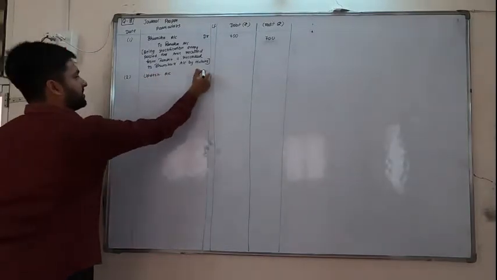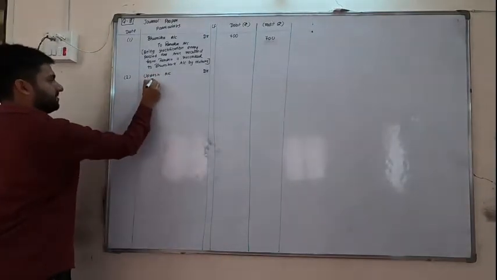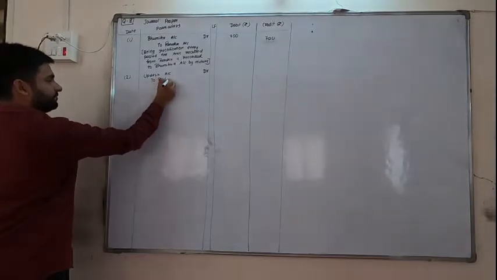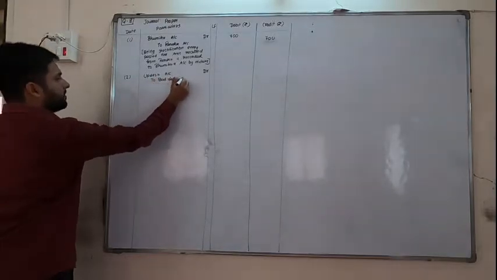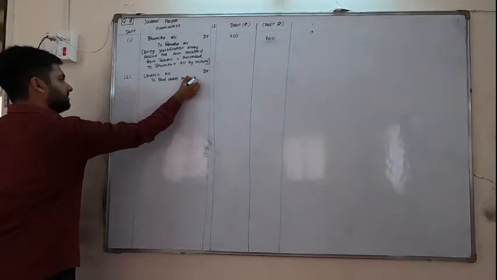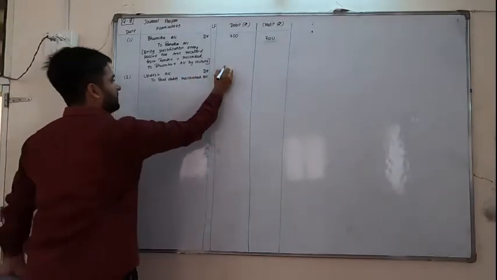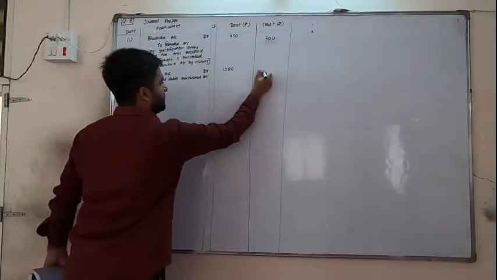So Upadesh account debit to bad debts recovered account. Amount is 1000.